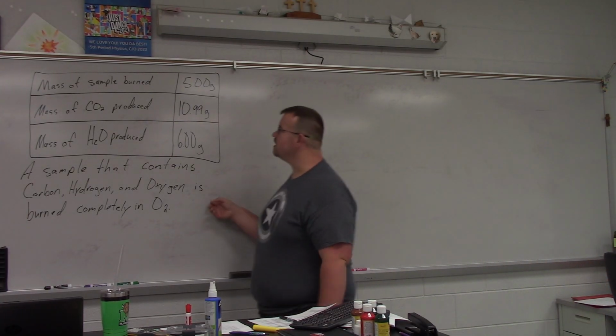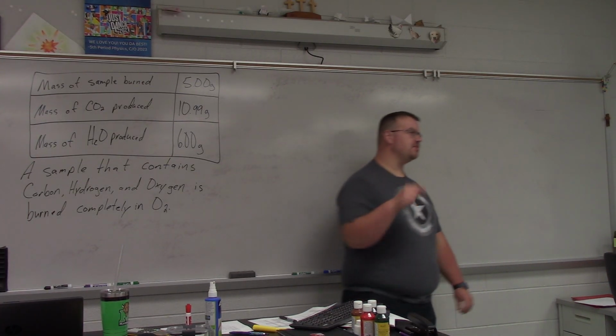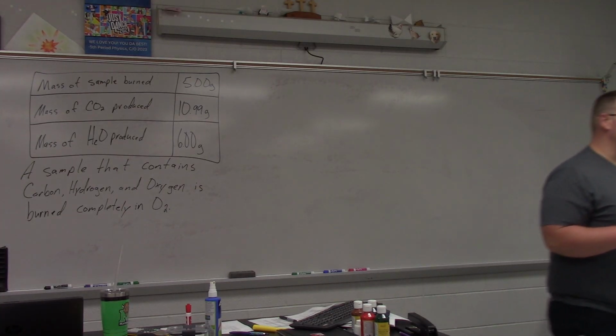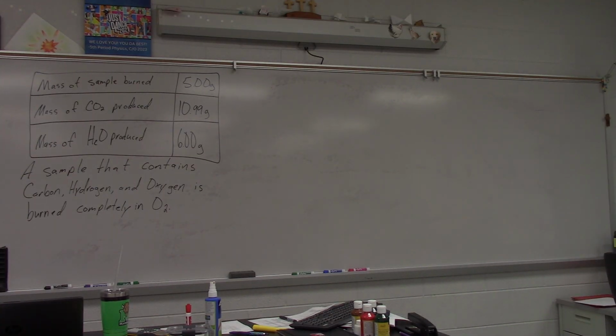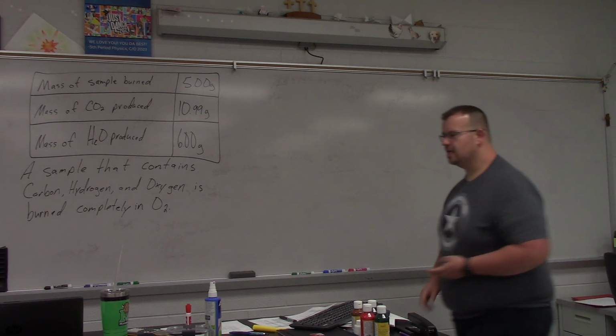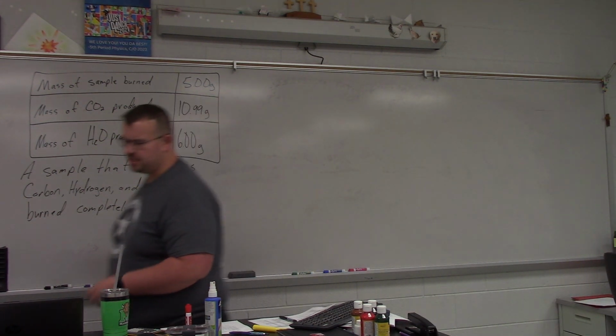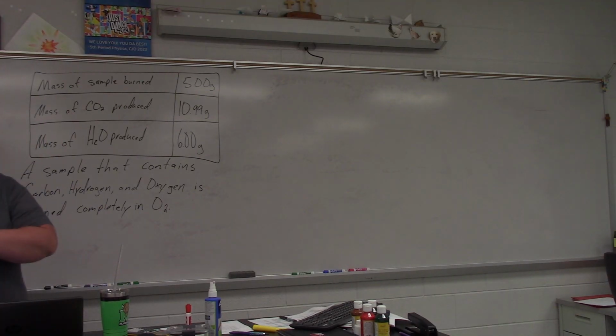Okay, so I give you this information up here on the board. Yesterday we focused on percent composition, applying this percent composition, finding empirical formulas, finding molecular formulas, and I feel like we're doing good with the empirical and molecular formulas.